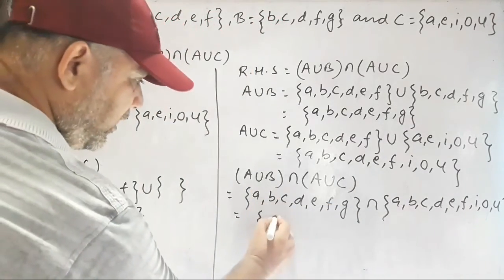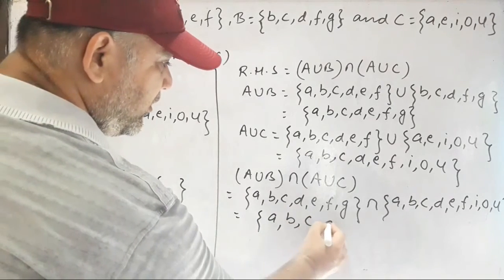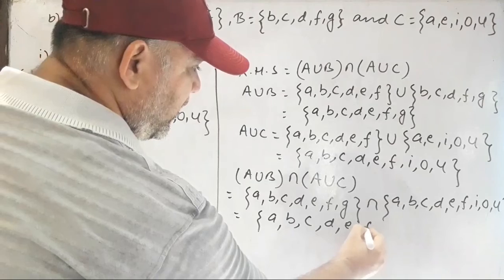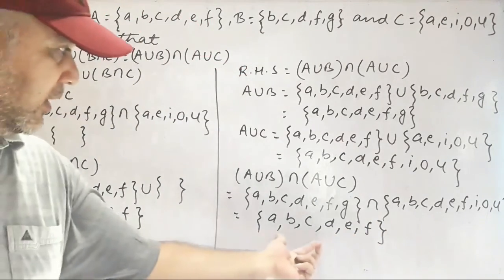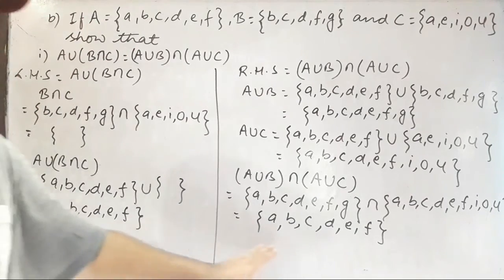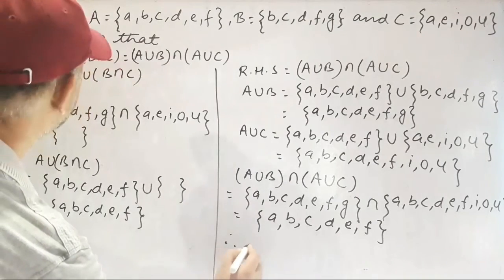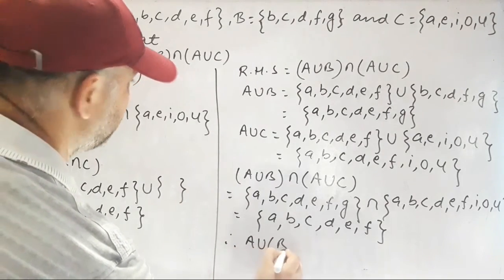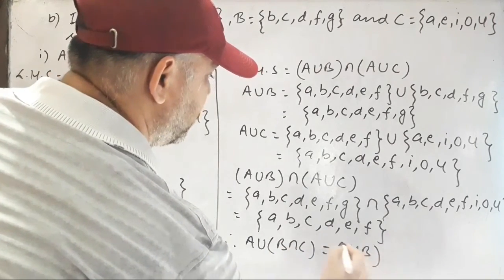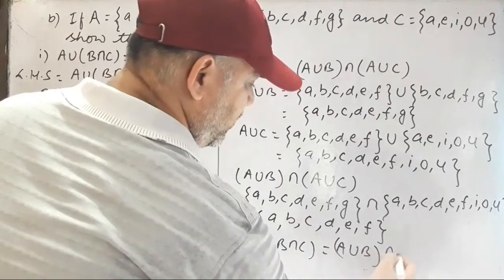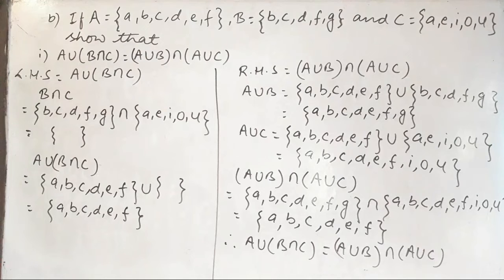Let's see. A, B, C, D, E, and F. If we see here and here, then we can see that the elements are the same. That is, this equals this. Therefore, we can write down A union (B intersection C) equals (A union B) intersection (A union C). So we got it.